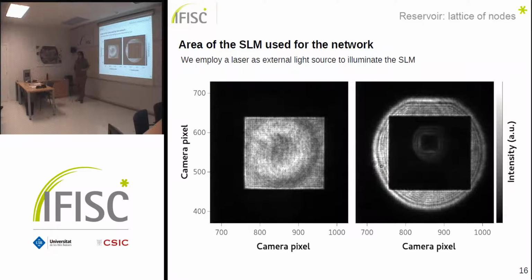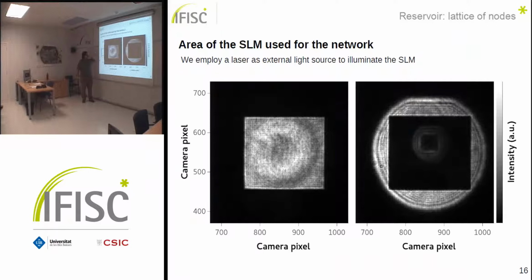How many do you have, roughly? 30 by 30. In this first implementation, this area is what we are going to actually use for our network. So these cells here compose our network, a 30 by 30 lattice. And the circle is intentional? The circle, because, as I said, we are illuminating with a laser, and the illumination area that we obtain is a circle.